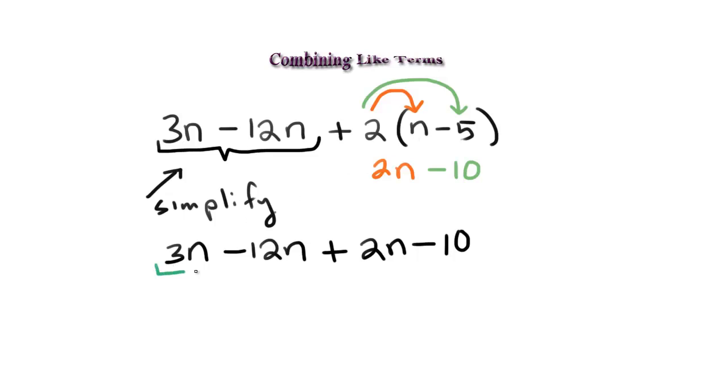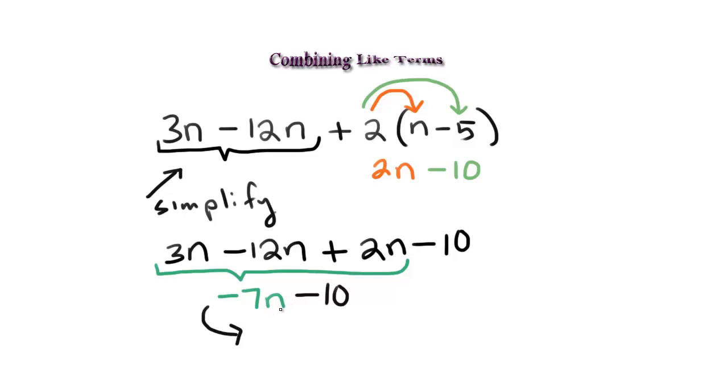So now we can look at all the n's, right? So we have a 3n minus a 12n, so that's a negative 9n. Negative 9n plus 2n, so it's a negative 7n, right? And then we have to bring down that minus 10. So let's bring down that minus 10. Okay, right? So now we're going to simplify a little bit more.